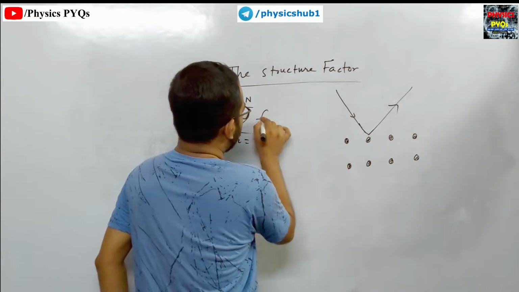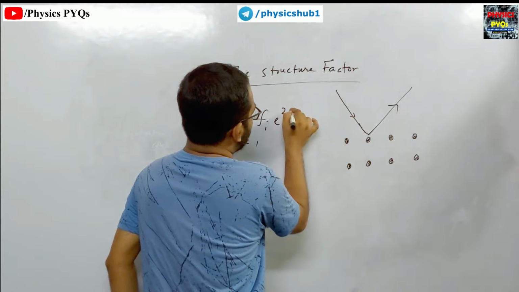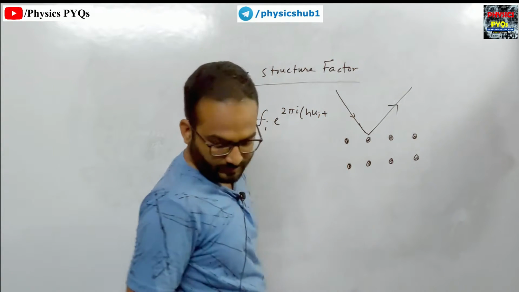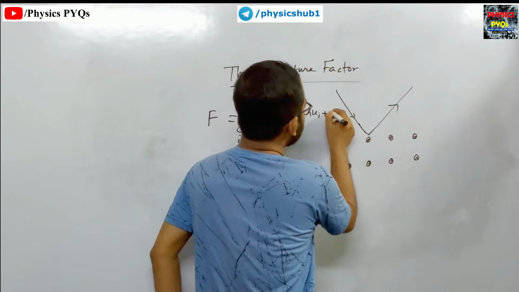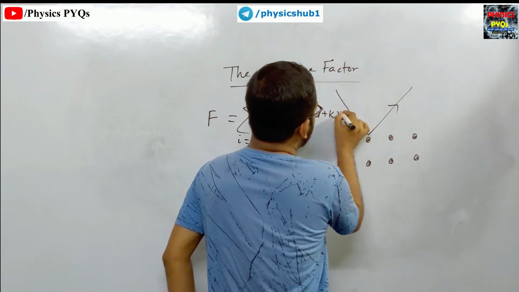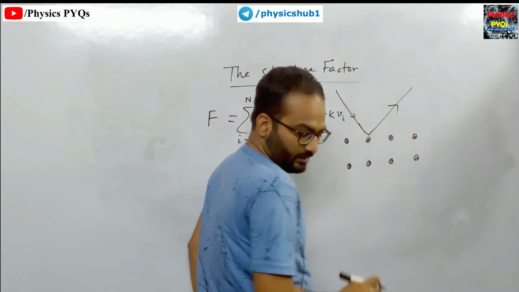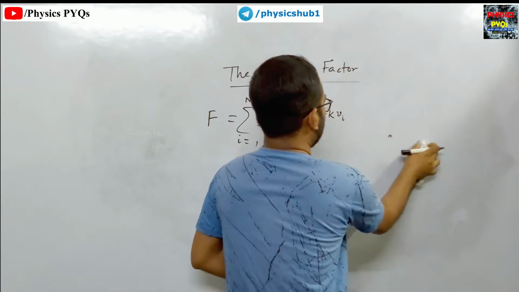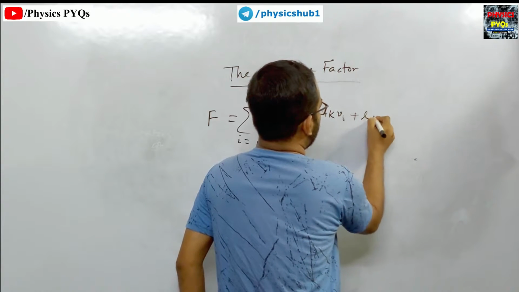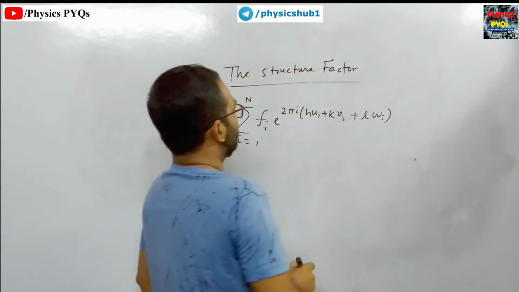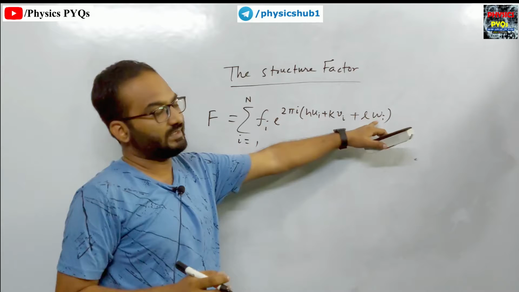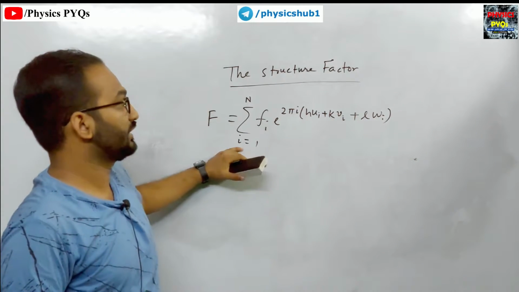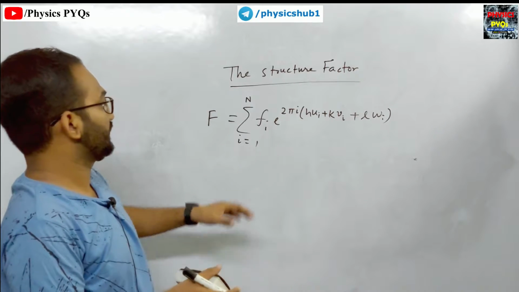The formula is f_i e to the power 2 pi i times (h u_i plus k v_i plus l w_i). These h, k, l are the Miller indices, and u_i, v_i, w_i are the coordinates of the atoms.